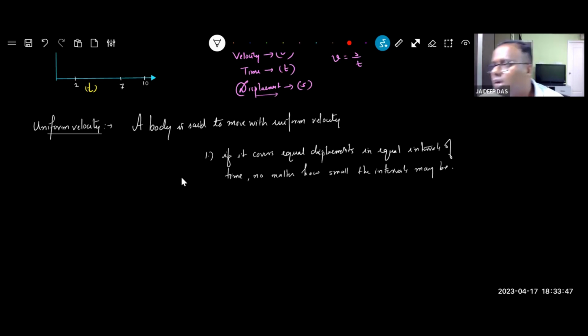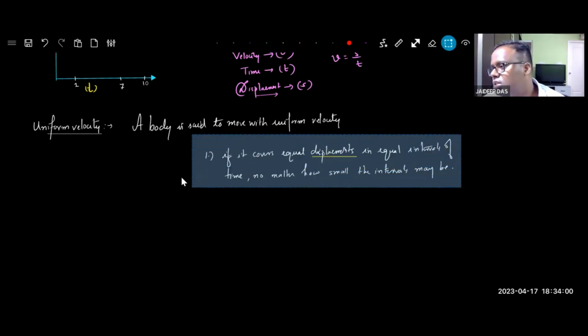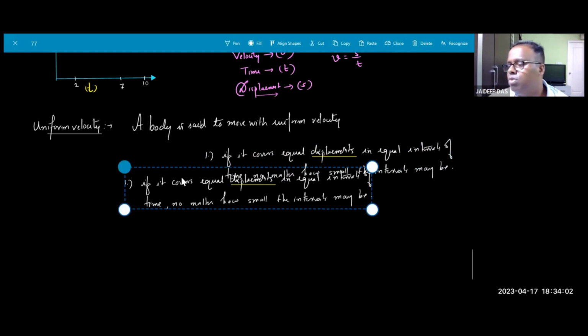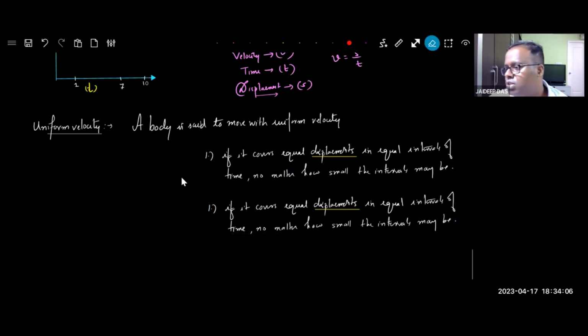Right. Our friend Sudriti has a dispute with this word. And she says, no, sir, I don't agree with you. I want to use the word distance only.